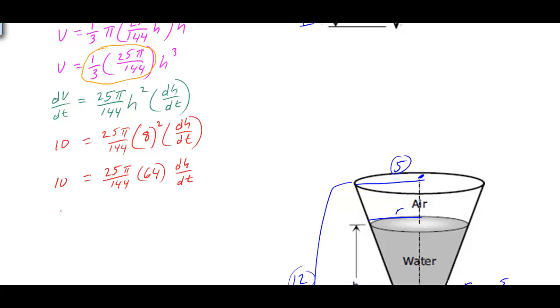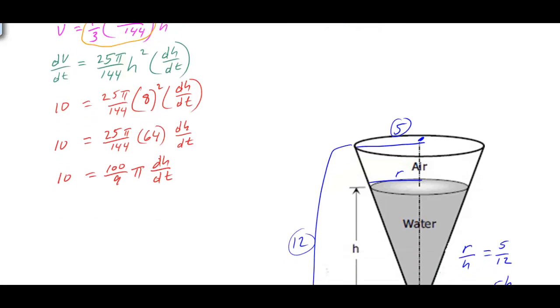And if we simplify this, you could certainly do a decimal, but I'm going to leave it as a fraction. If you multiply this out, you're going to get 100 over 9 pi dH/dt.